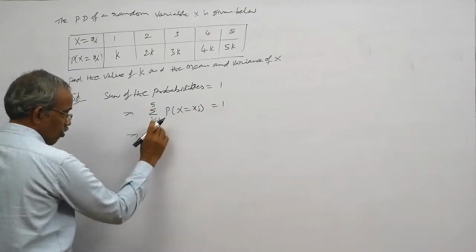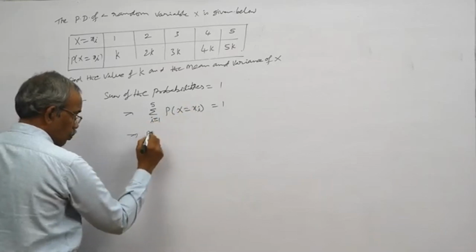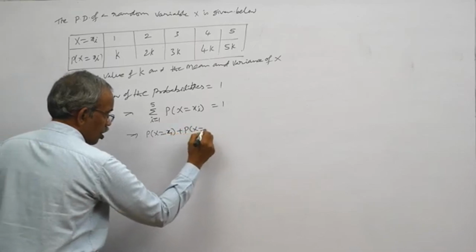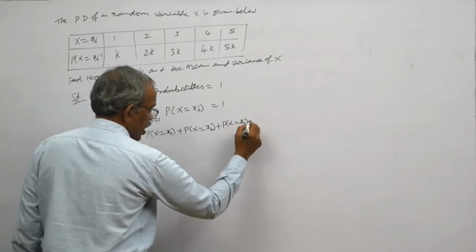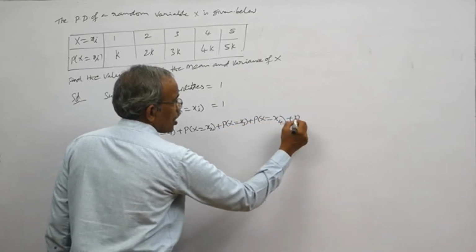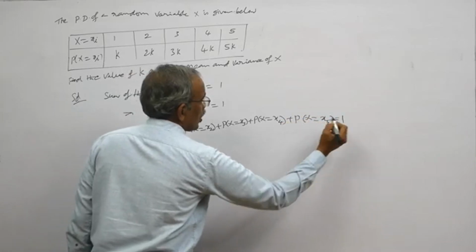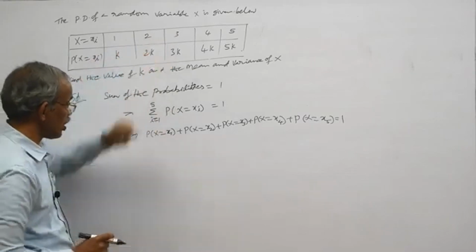That implies, when we substitute i is equal to 1, probability of x is equal to x1 plus probability of x is equal to x2 plus probability of x is equal to x3 plus probability of x is equal to x4 plus probability of x is equal to x5 is equal to 1. Here x1 means 1, x2 is 2, x3 is 3.